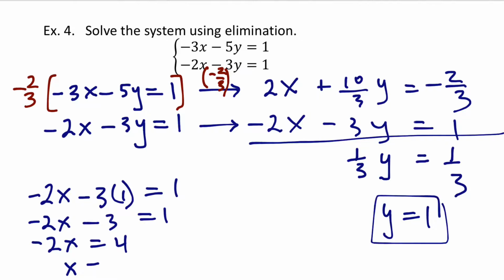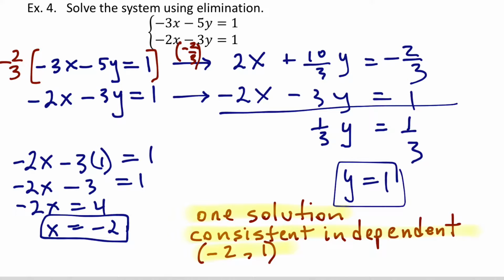X is equal to negative 2. So this looks like we have one solution. So one solution means that it's a consistent, independent system of equations, and my solution is the point negative 2, 1, and these lines cross at the intersection, 1 point.